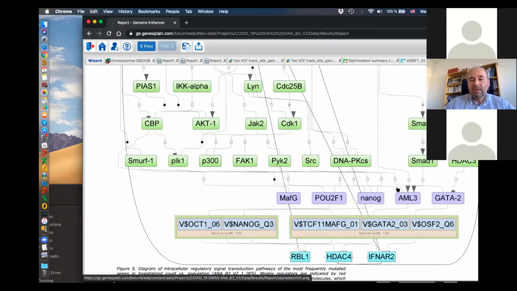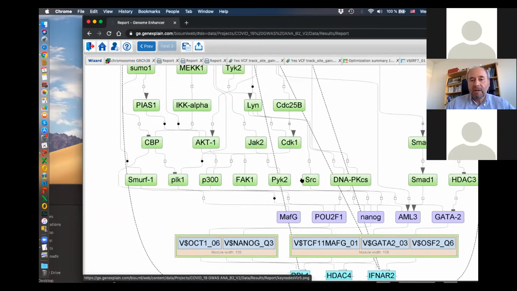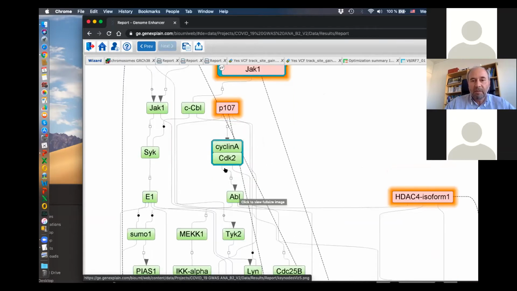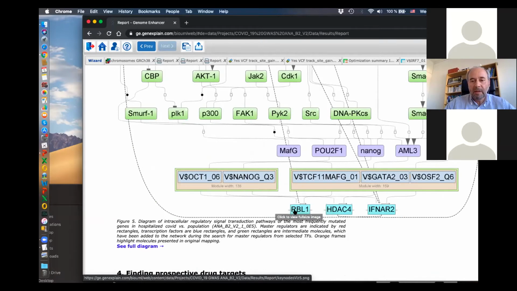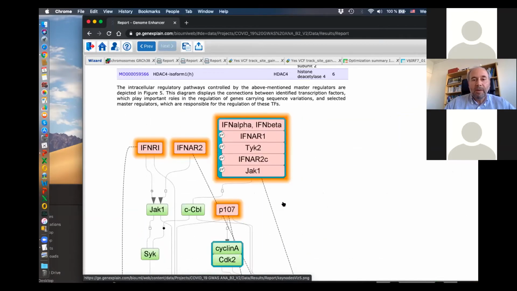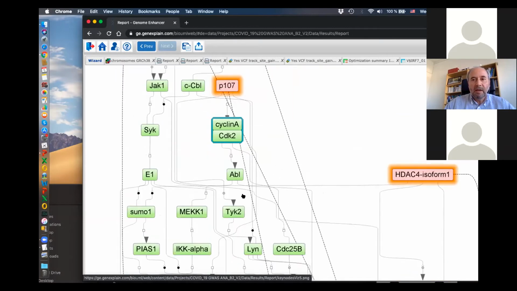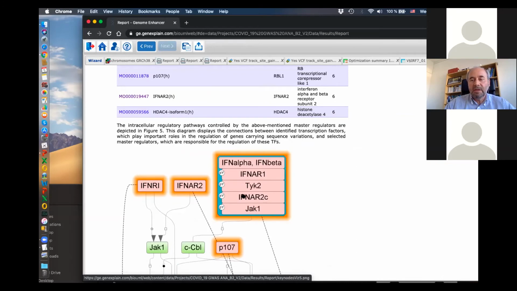And these transcription factors are in turn activated through this signal cascade. At the top of that cascade, you see interferon receptor, HDAC4 protein, and P107, which is a protein encoded by the retinoblastoma-like 1 gene. So you see that this network explains how these genes are connected.